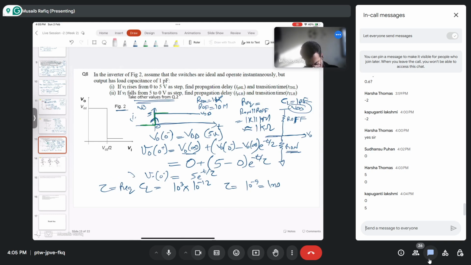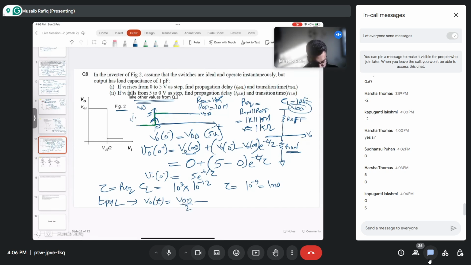Now what I need to find is the propagation delay, that is TPHL, high to low. I need to find out the time at which my output is 50% of my input. That's how we define the propagation delay, right? My input has changed to 50%, my output has changed to 50%. That time difference between them is my propagation delay. So V out of t is equal to VDD by 2.